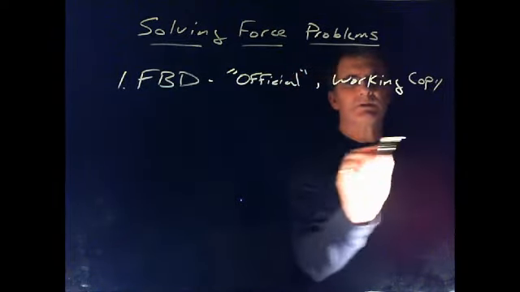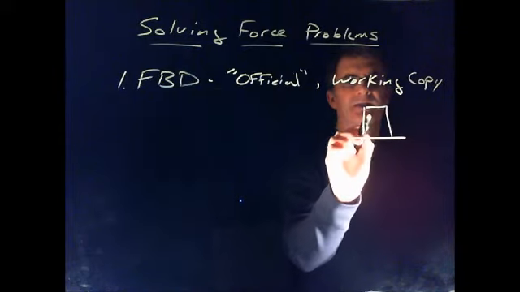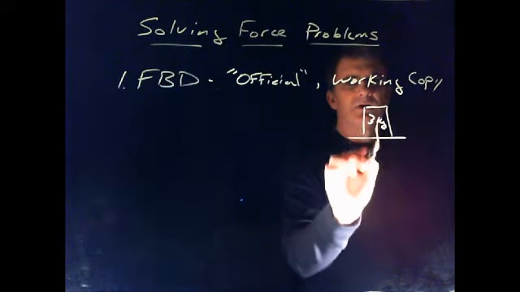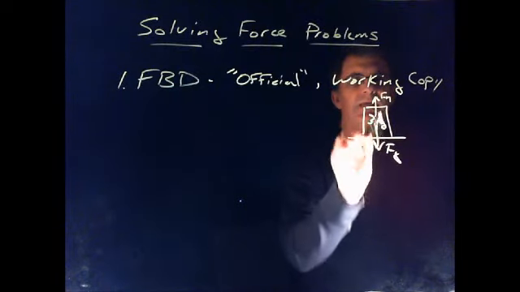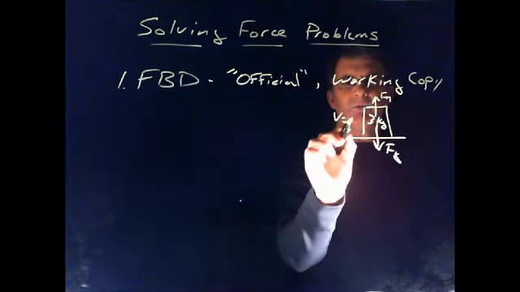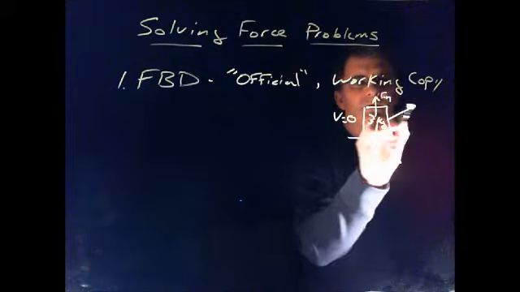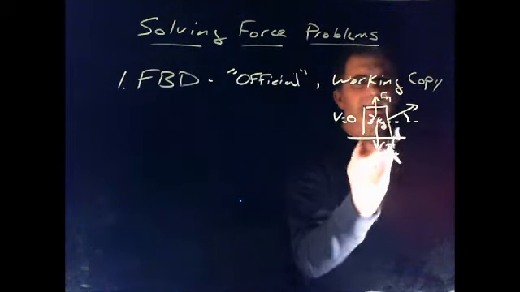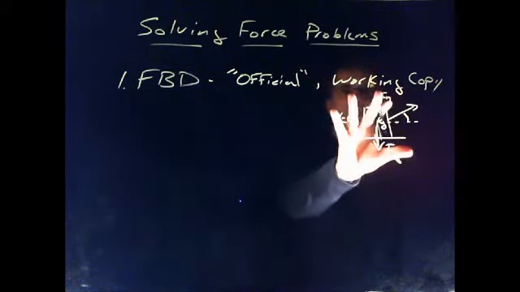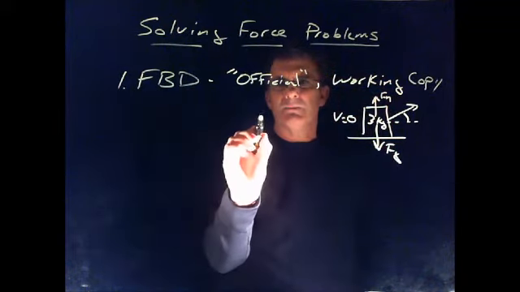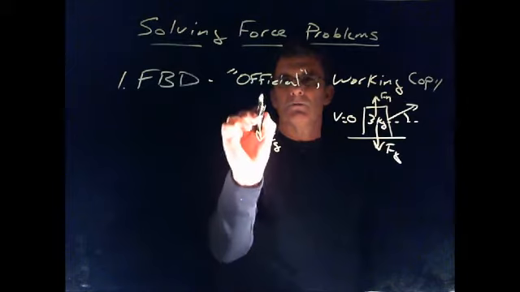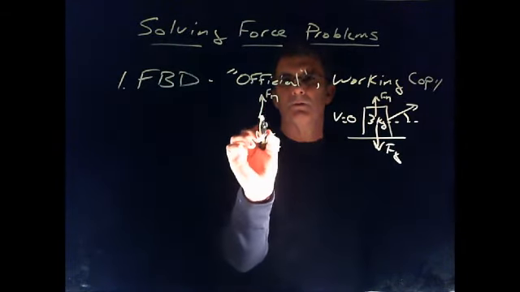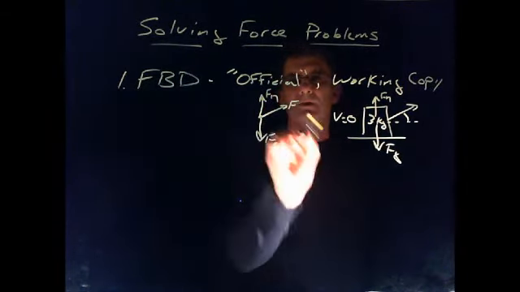Like the book sitting on the tabletop, I might say it's 3 kilograms, and I've got gravity, and I've got a normal force, and it might be at rest. And if I have a pulling force, I would say what that angle is. None of this goes on the official copy. It would just simply look like gravity, normal force, a pulling force.